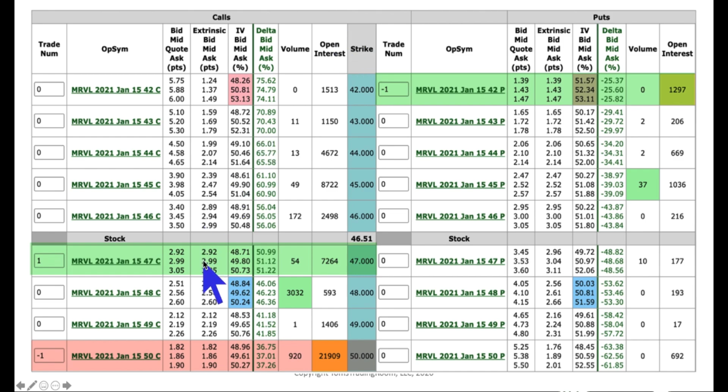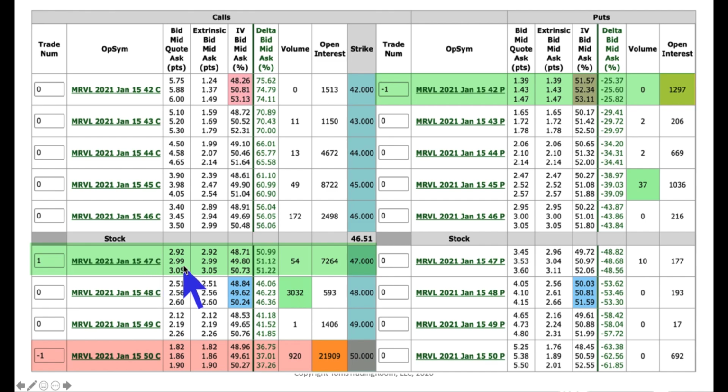From there, I look to see if there are any stocks in the expensive category that have some sort of a reason to buy. That's why I'm looking at the money calendar for MRVL. MRVL has a 47 call that's trading for just under $3. You might think that's cheap. Well, it's really not, because that $3 represents 7% of the strike price.